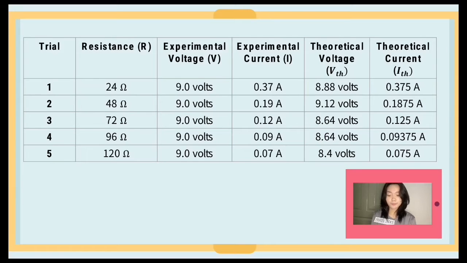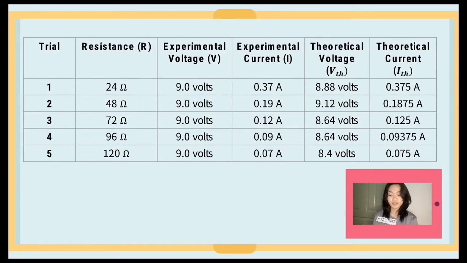0.125 ampere. Fourth trial, resistance is 96 ohm, experimental voltage is 9.0 volts, experimental current is 0.09 ampere, theoretical voltage is 8.64 volts, and the theoretical current is 0.09375 ampere.